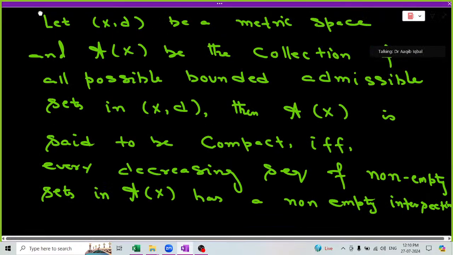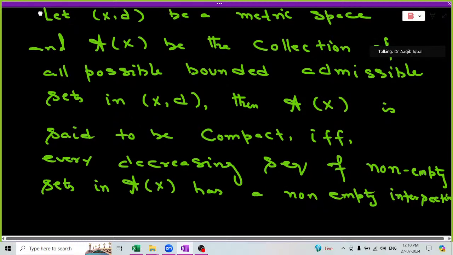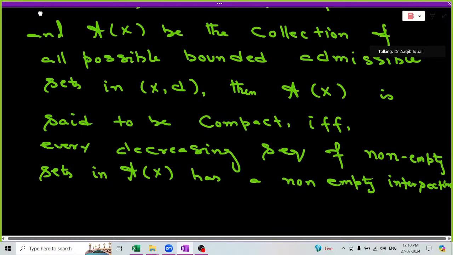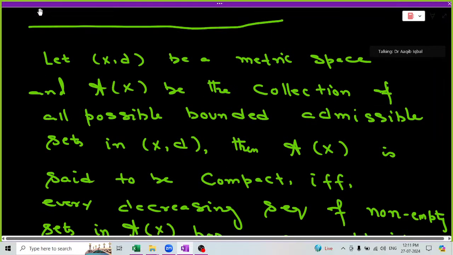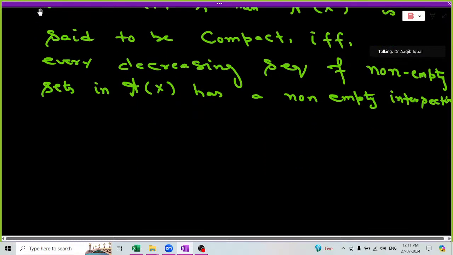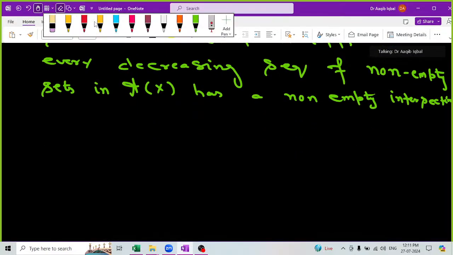अगर ये हो रहा है, if every decreasing sequence of non-empty sets in AX has non-empty intersection, we say AX is compact. और ऊपर वाली थियरम को अगर आप rephrase करेंगे in this terminology, so you can conclude this: AX is compact implies the space is complete.